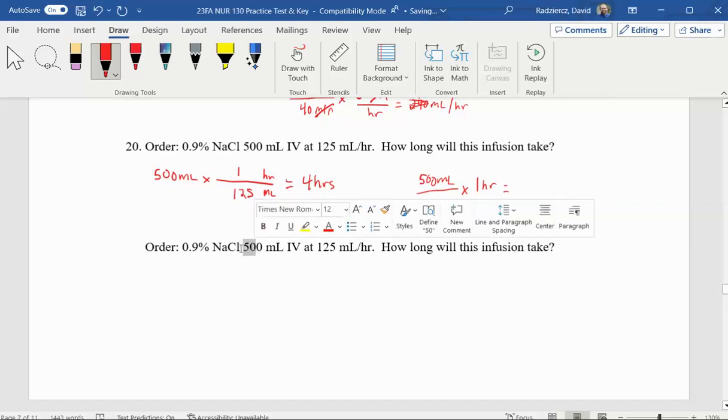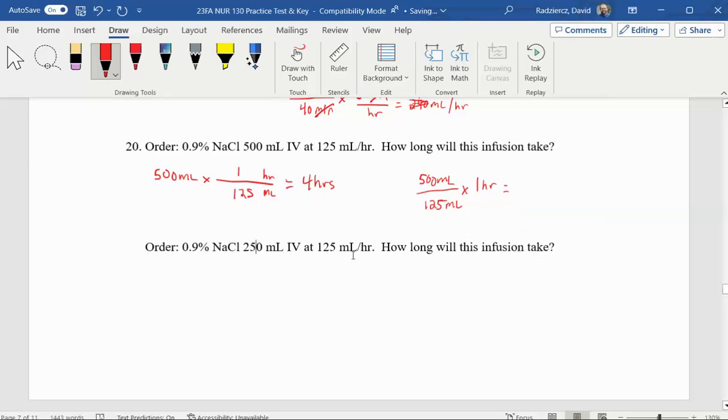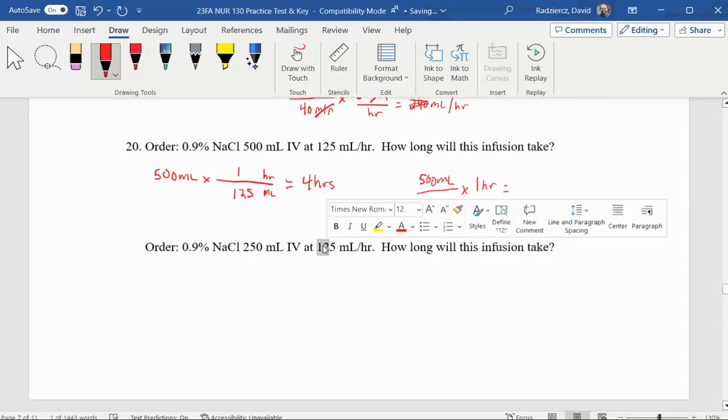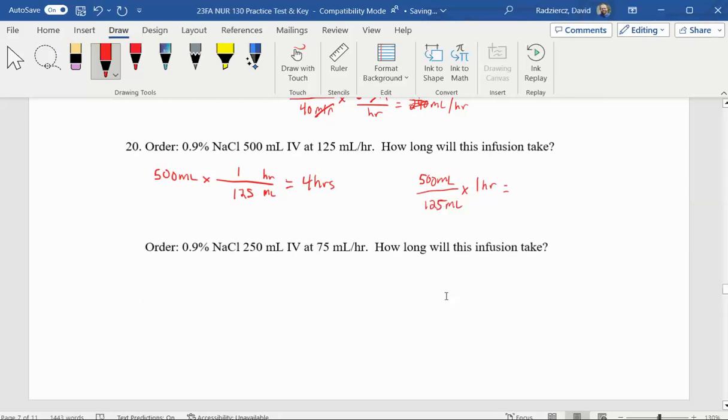Let's say it's 250 milliliters and it's 75 milliliters per hour. So this should be interesting because it should give us a time that doesn't work out, and I'll show you what I mean by that and how to get it right.